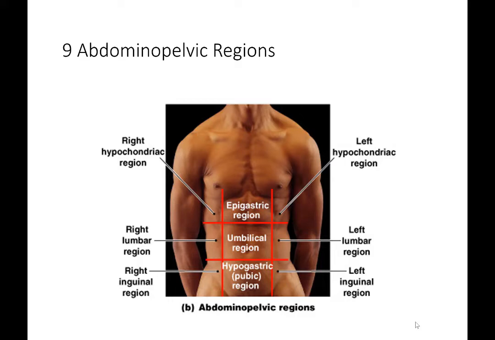The upper 2 regions are known as your right and left hypochondriac regions, just like the bottom 2 regions are known as your inguinal regions. So for instance, your appendix is going to be located in your right inguinal region, where the majority of your liver will be located in your right hypochondriac region.